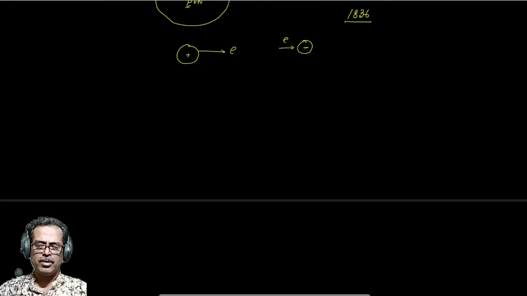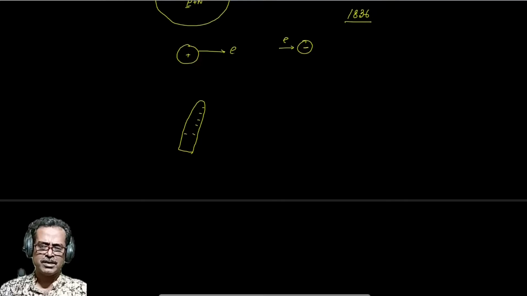Now, how can we charge a body? It is observed that if you rub a glass rod with silk, that rod is converted into negatively charged. Why? Because during rubbing, due to friction, electrons which are loosely bound with the silk come into the rod and it becomes negatively charged.